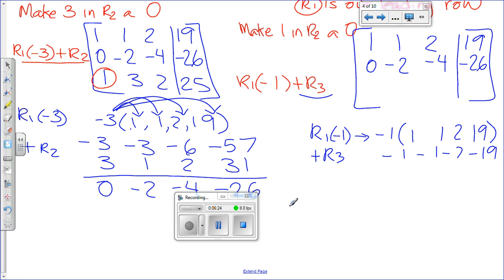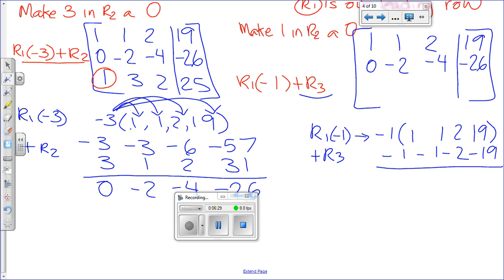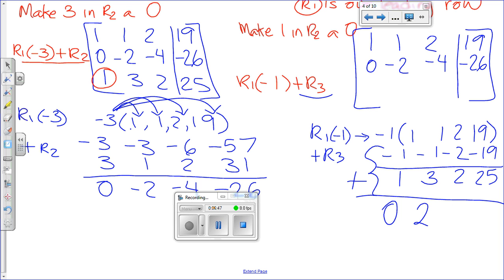Gabriel, could you please read R3 for me from the previous step? 1, 3, 2, 25. Okay, now we're going to add these two rows. Negative 1 plus 1 is 0, negative 1 plus 3 is 2, negative 2 plus 2 is 0, negative 19 plus 25 is 6. So that will be the new R3: 0, 2, 0, and 6.